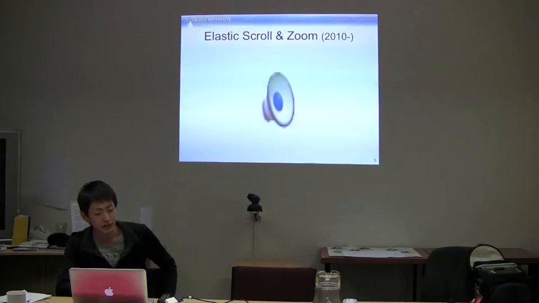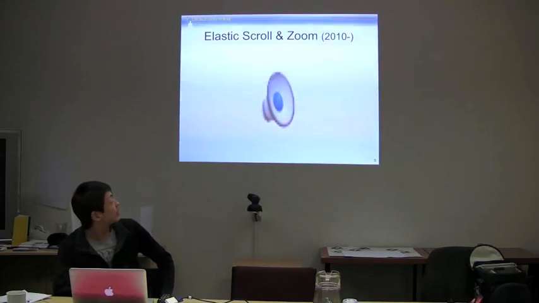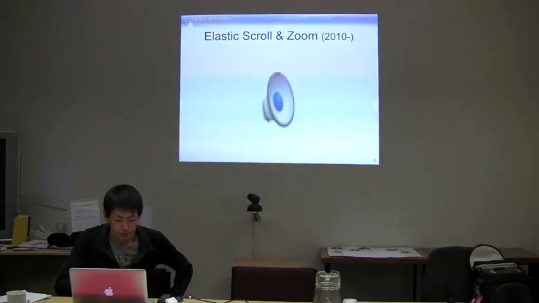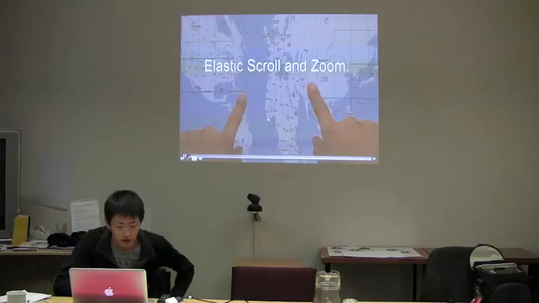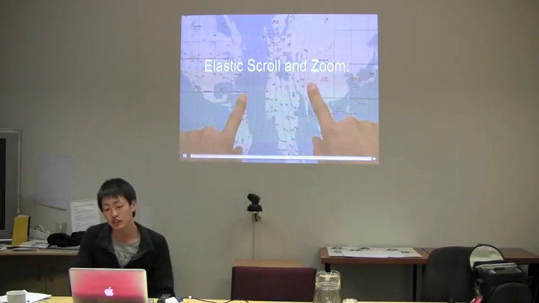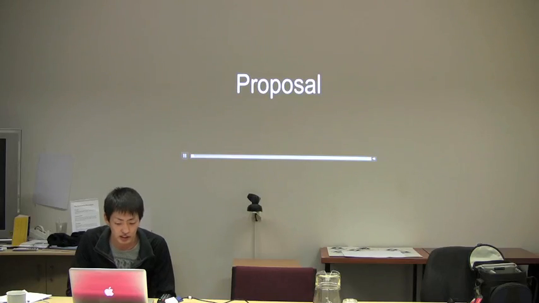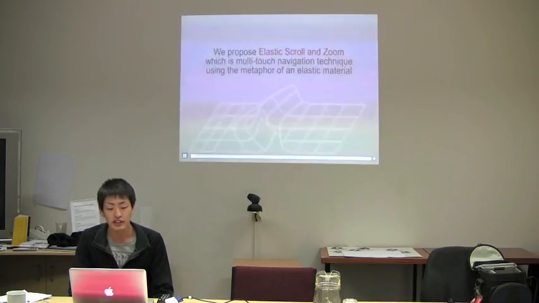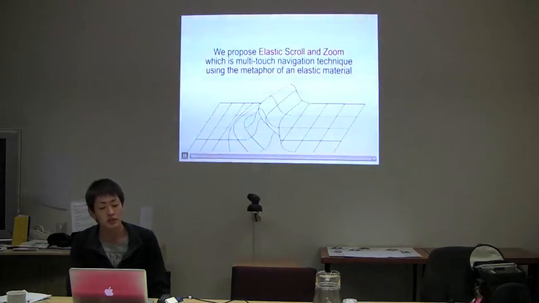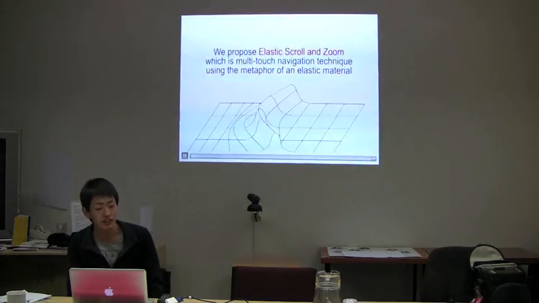This is a newer project, Elastic Scroll and Zoom. This technique is a multi-touch navigation technique where the content is regarded as a flexible object like a piece of cloth or paper.